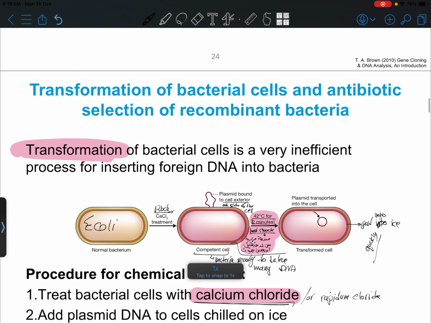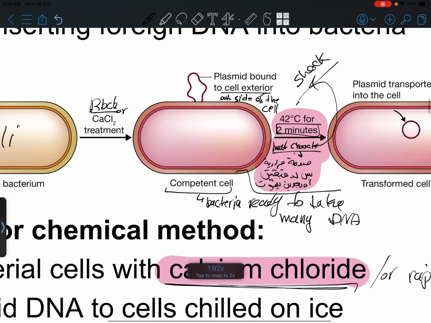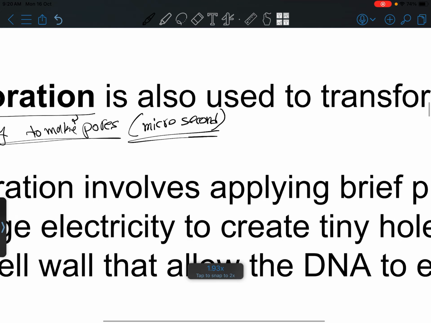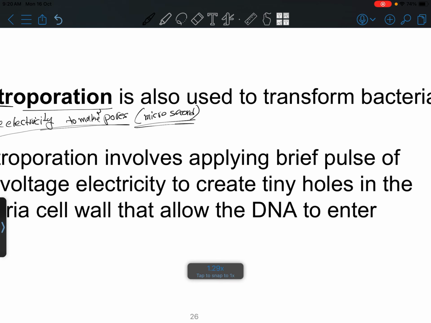And then you apply a brief pulse of high voltage electricity. This high voltage can kill a human being. But this high voltage is only done for microseconds or milliseconds, for a very brief time, because this high voltage can also kill the bacteria. But because it's done very briefly, it cannot kill the bacteria, but it can do what? Create tiny holes or pores through which the plasmid will go inside the bacteria.